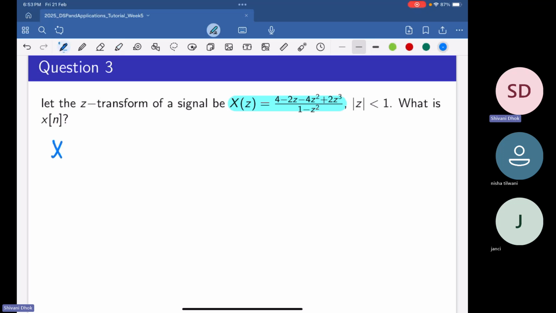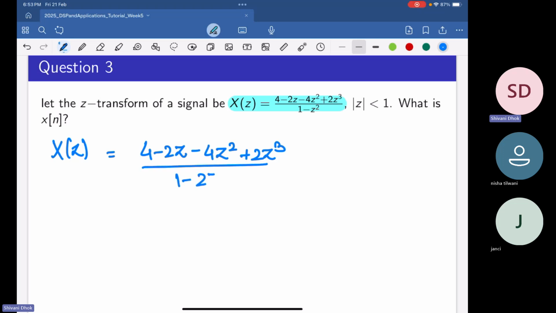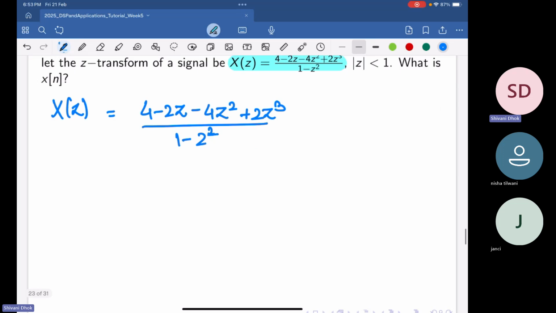So now what is given to us is X(z) equal to (4 minus 2z minus 4z squared plus 2z cubed) upon 1 minus z squared. Okay, so now just look here, these two things which I have highlighted in blue. I can take 4 common from these two, so I can write it as 4 into (1 minus z squared).